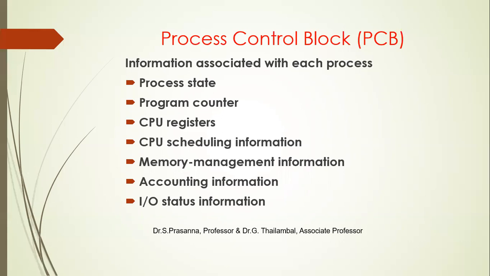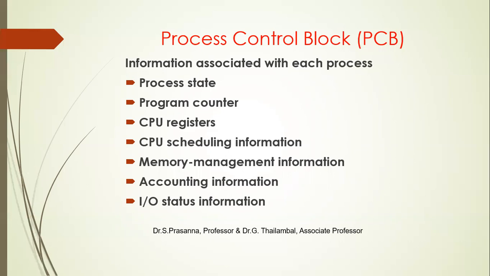CPU registers: any data related to the process will be placed in registers. CPU scheduling information: when that particular process is scheduled for execution, that will also be placed in the process control block for that process. Memory management information of that process will also be placed in the PCB.